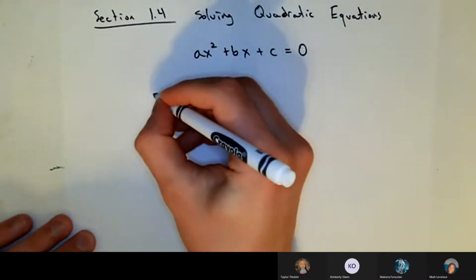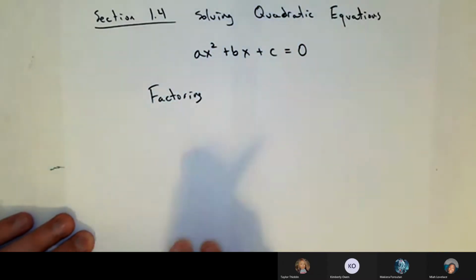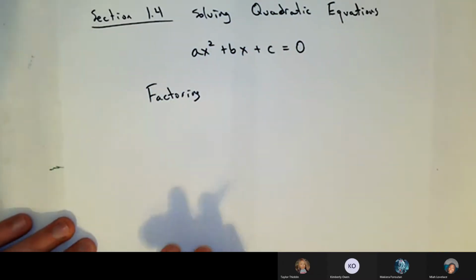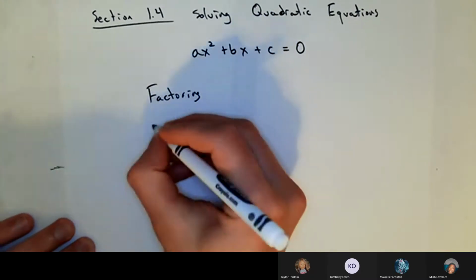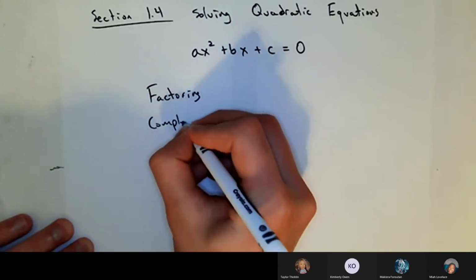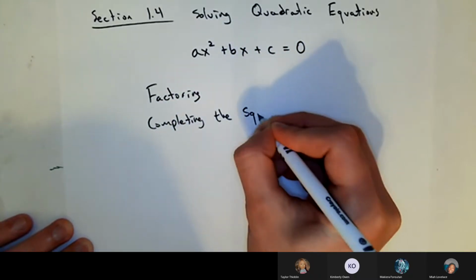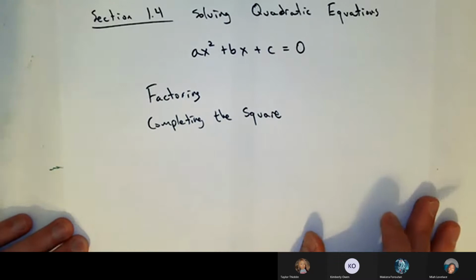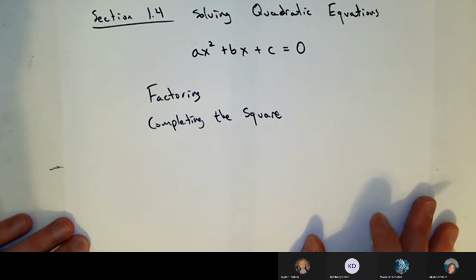We had factoring, which was a whole thing. We had the classic trinomial factoring, factoring by grouping, and special cases for factoring. We had something that we didn't really look at too much, but is still there, which is completing the square. Completing the square is a difficult method, but it's pretty much the method.